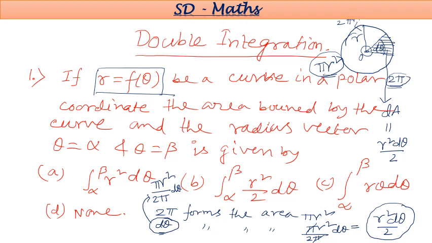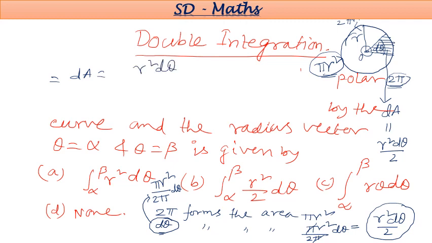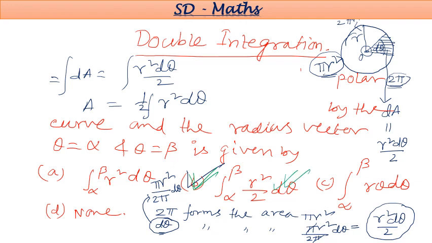Now I am erasing this first line. So here dA is given by r square d theta by 2. Now integrate both sides, we will get the total area, which is given by integral of r square d theta by 2, right? So what will be the right answer? Therefore this B will be the right answer, right?